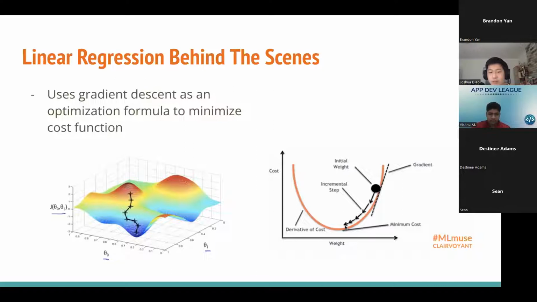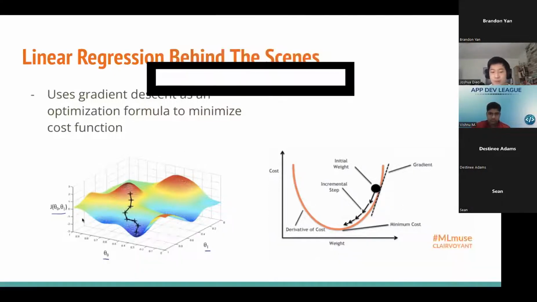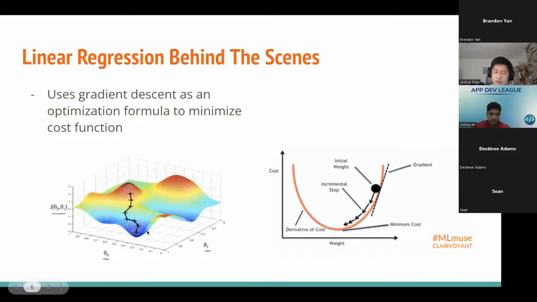We'll be discussing the formula a little bit later, but as you can see in this picture, this is basically the same thing as this picture here, except it's in 3D. This one is when there's one parameter, and this is when there's two parameters. This could be infinite, but it's hard for us to visualize what gradient descent looks like after 2 parameters. If you look at this graph, you might be familiar with it.